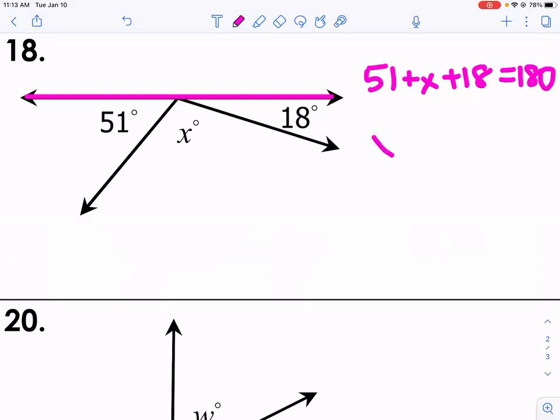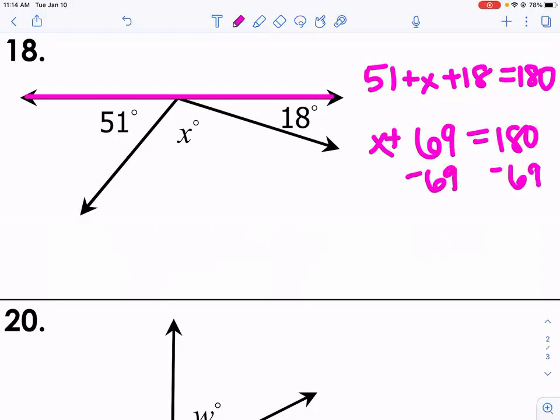What is 51 plus 18? 69. And when we subtract that number over to the other side, 180 minus 69 is 111.